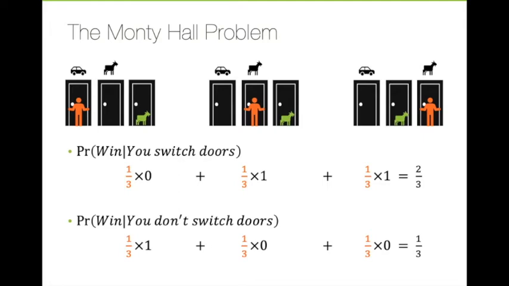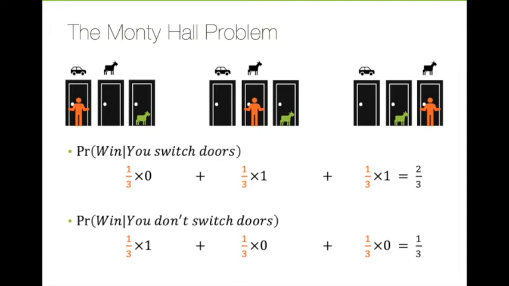But in the second and in the third circumstances, you originally stood in front of a goat, right? You're going to do that 2/3 of the time. Monty Hall could only show you a goat. So the car had to be behind the third door. Not the one that Monty Hall showed, not the one you were in front of, but the one you hadn't chosen yet.